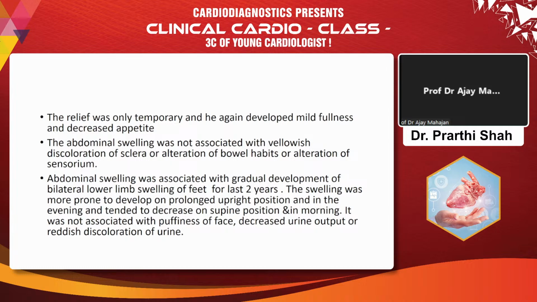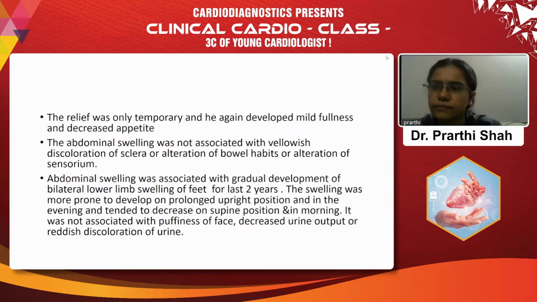With absence of X descent, the X and Y descents will be equal, like an M pattern. And the most important thing, the definition of constrictive restrictive physiology is in the cath lab: persistent elevation of RA pressure in spite of normalization of intrapericardial pressure.